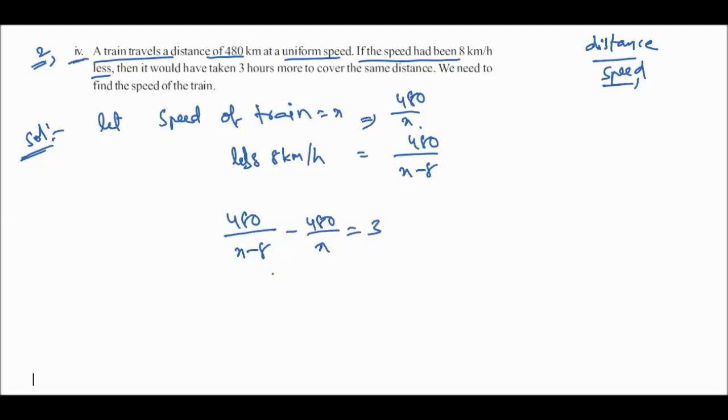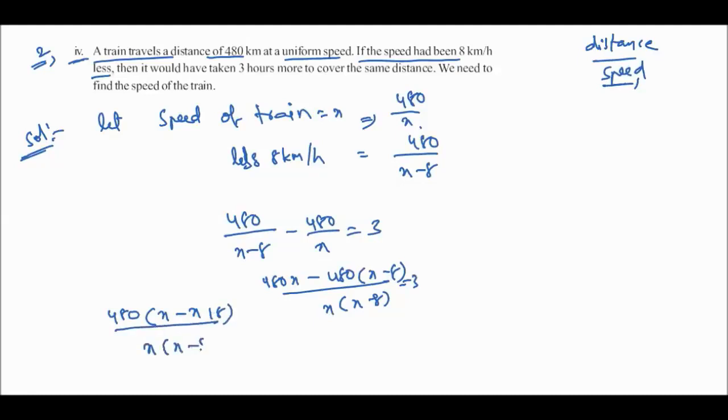So cross multiply: 480 into x minus 480 into x minus 8, divided by x into x minus 8, is equal to 3. So 480 is common: 480 into x minus x plus 8, divided by x into x minus 8, equal to 3.